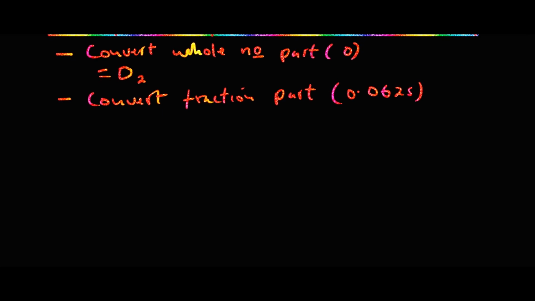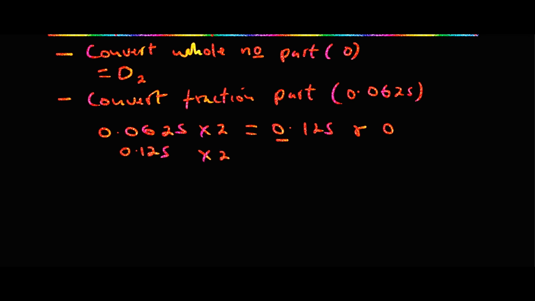0.0625 times 2 will be 0.125, and the remainder is 0. Then we'll have 0.125 times 2, that is the same as 0.25, and again the remainder is 0.